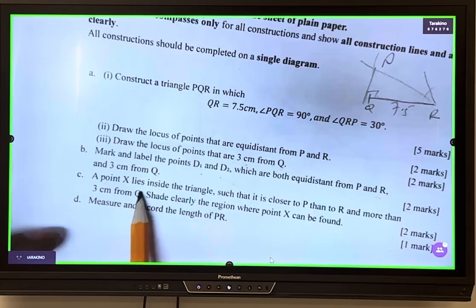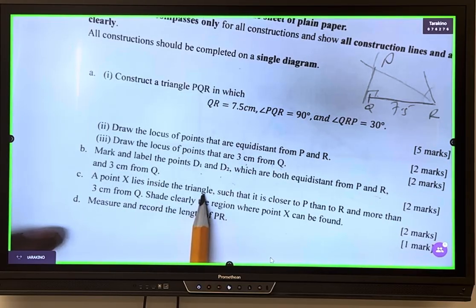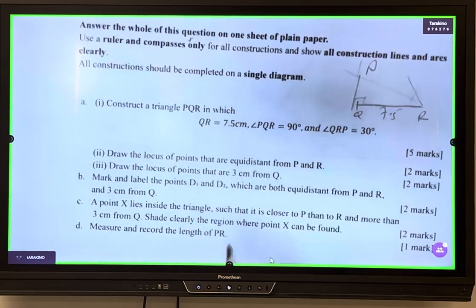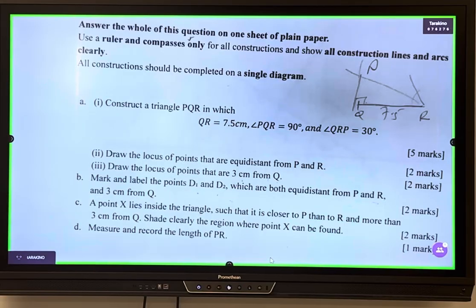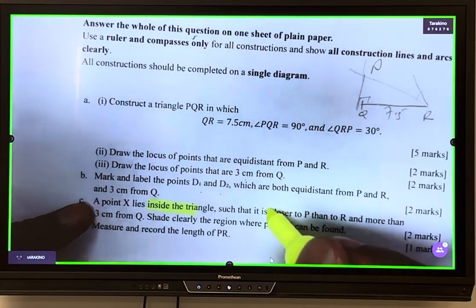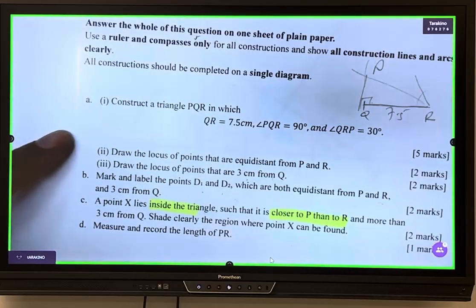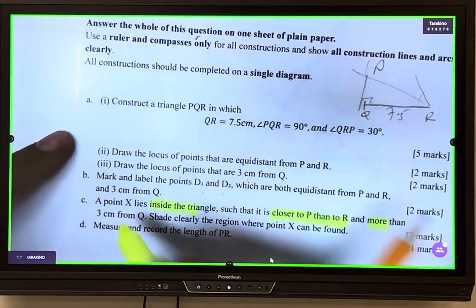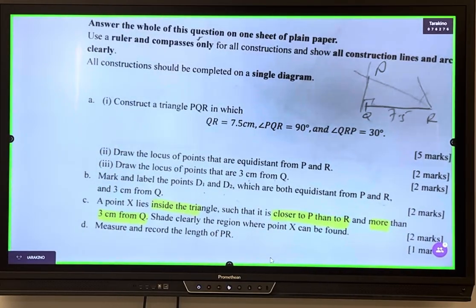Then a point X lies inside the triangle, closer to P than R, and more than 3 centimeters from Q. The first condition is it's inside the triangle. If it's more than 3 centimeters, it's outside the circle.